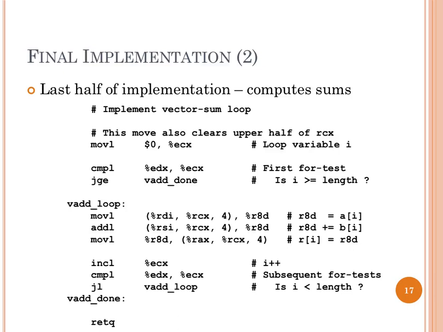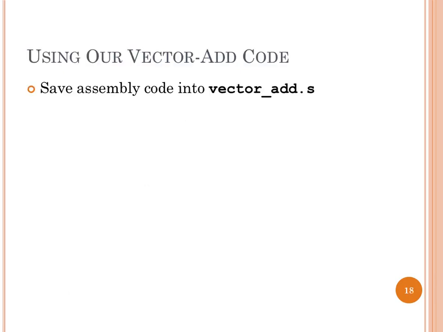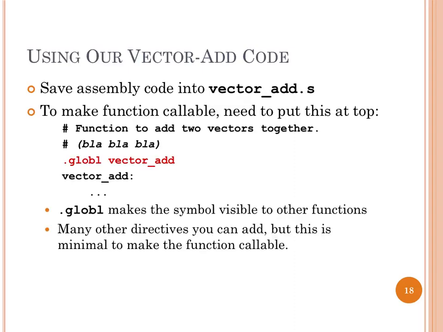Okay, any questions? All right, so let's take this code and pretend we've saved it into vectoradd.s, which you certainly can type into a file if you have tons of time and nothing else to do. If we want to call this function from outside this assembly file, we need to use that .global directive because that tells the assembler to make vector add a public symbol in the object file that it generates.